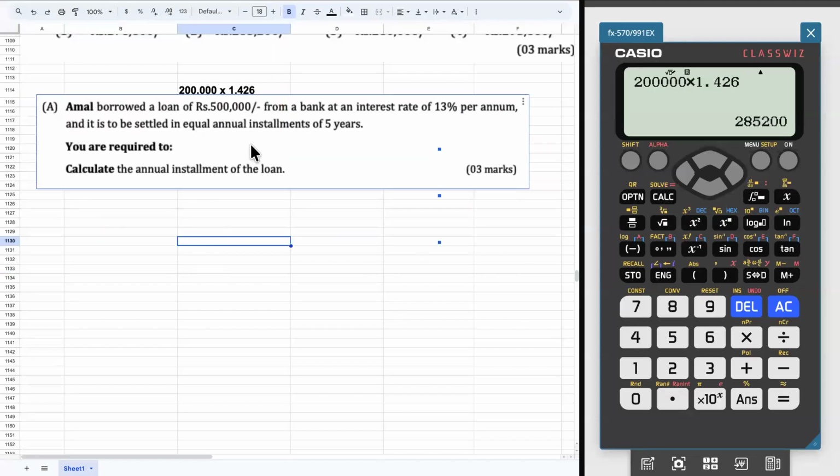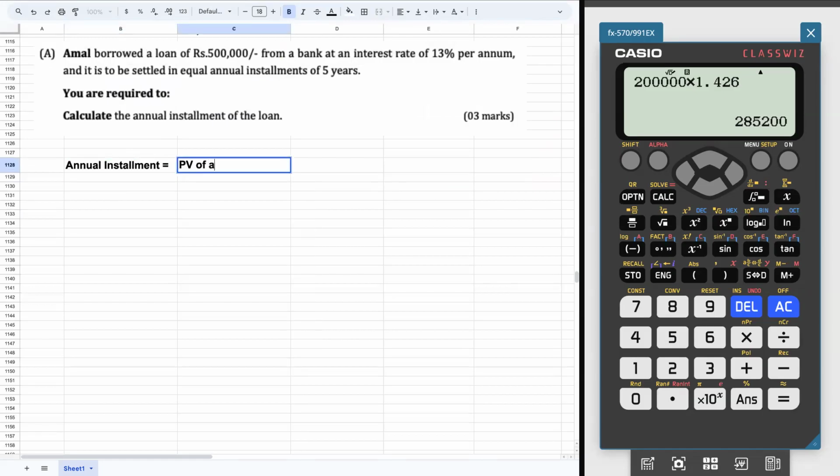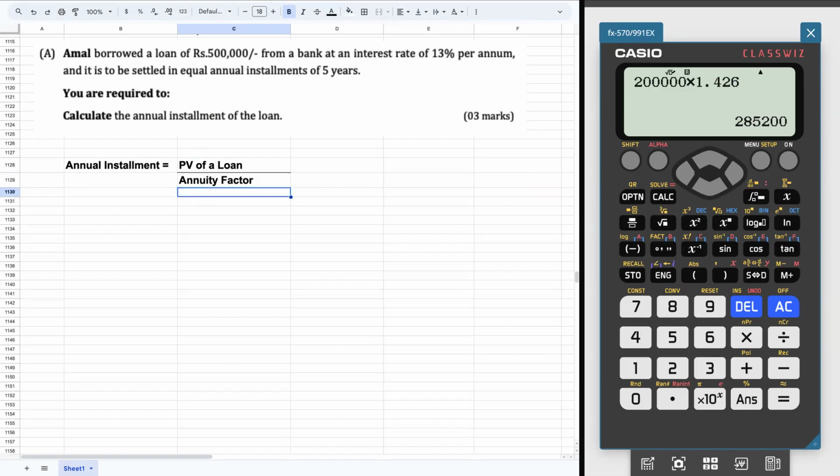As I mentioned to you earlier, my dears, how to calculate the annual installment? Actually, the present value of a loan divided by the annuity factor. This is our formula. How to find the annuity factor? Either by formula or by using the cumulative present value table.